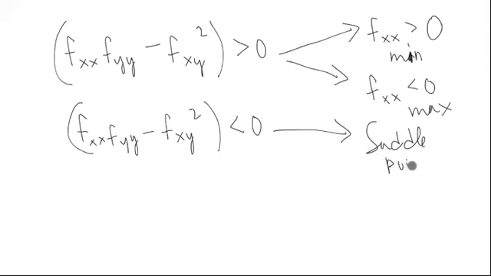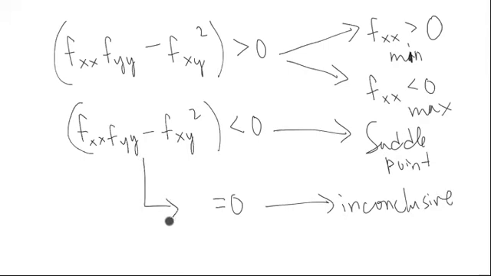And if it's equal to 0, then one of the roots is 0. So we don't know whether they both have the same sign or different signs. It's just inconclusive is what we say. We can't really use this test very well. Maybe we'd have to do something else. But it's inconclusive in this particular case, if this right here is equal to 0.